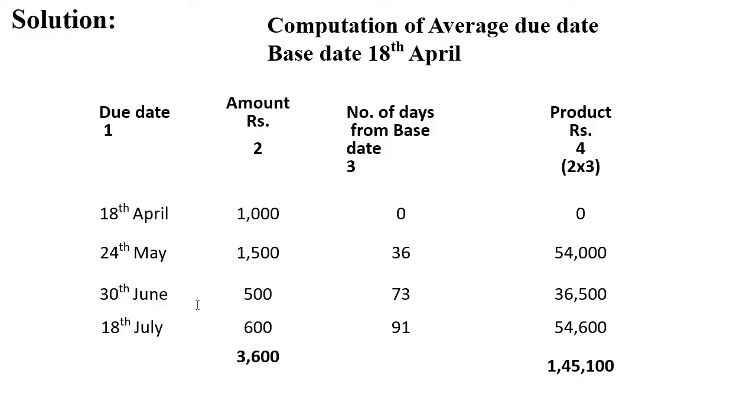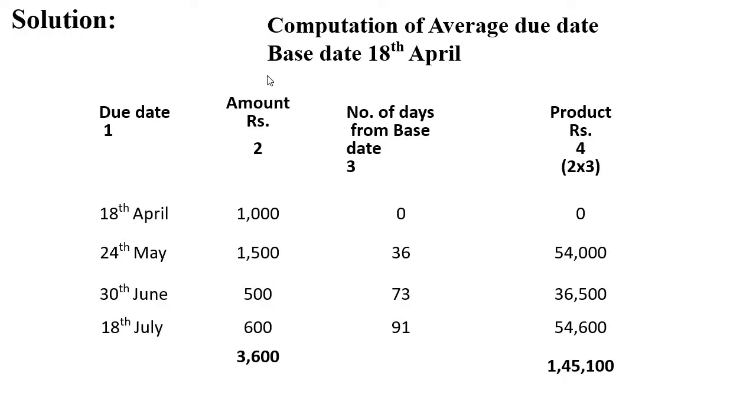Then next we have to find out the number of days for 18th July. 18th April is the base date. Already till 30th June, there are 73 days. To 73 days, we have to add 18 days in the month of July. So the number of days is 91.